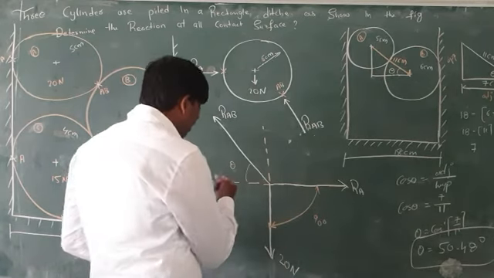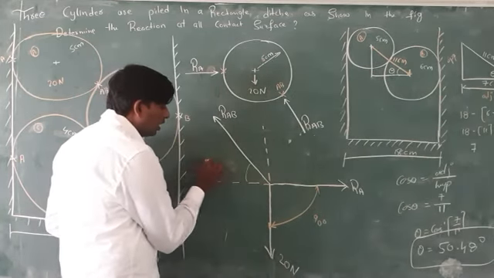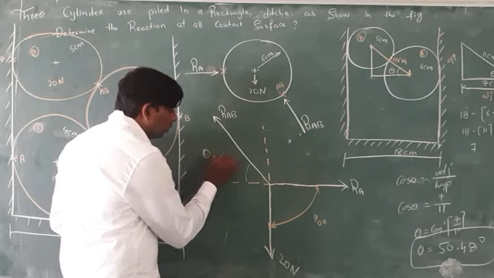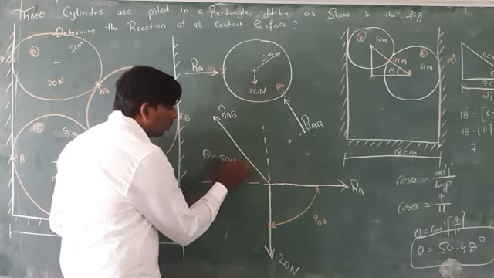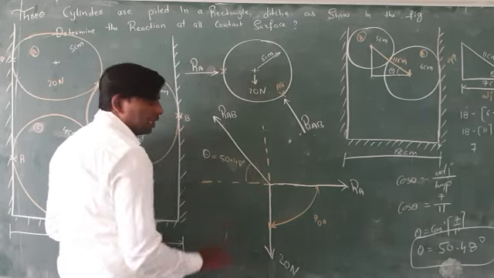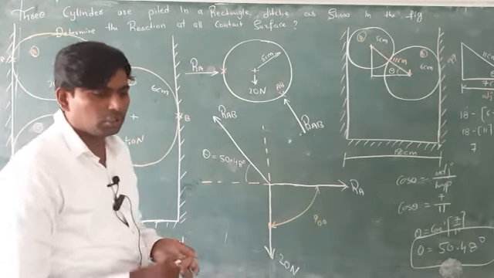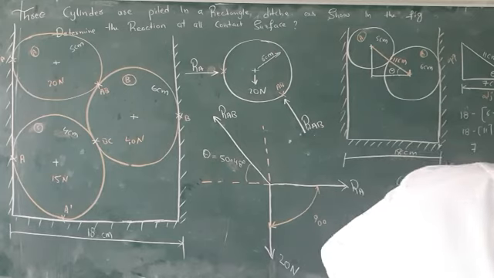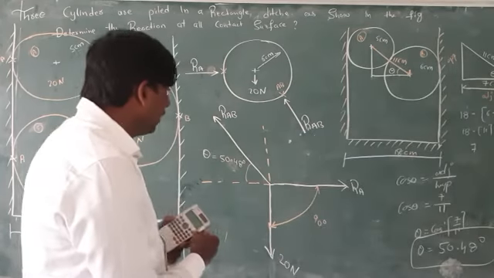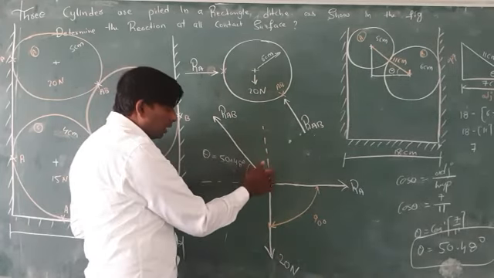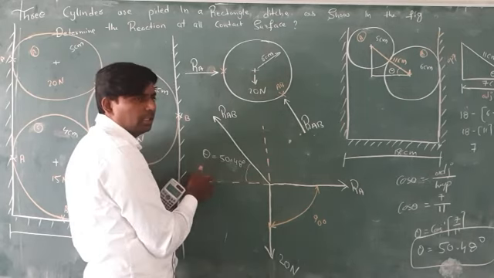So here, in place of this theta, you can write theta is equal to 50.48 degree. Now, the remaining theta you have to find out. You know very well that from here to here the angle is 90.